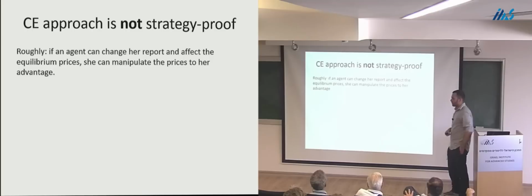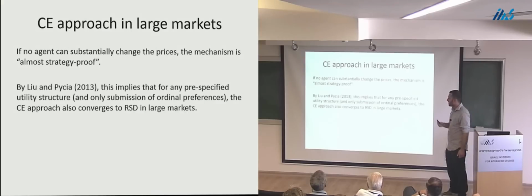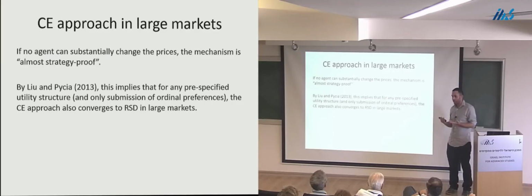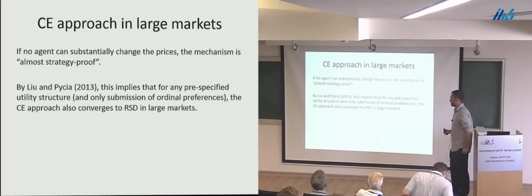Because you can report different preferences that would somehow affect the prices, and then you somehow benefit from changing the prices. And again, it's strategy proof in the large. If the market is large enough, then by submitting false preferences, you cannot affect the prices, or not by a lot. So it's almost strategy proof. You can report your true preferences and nothing bad would happen.